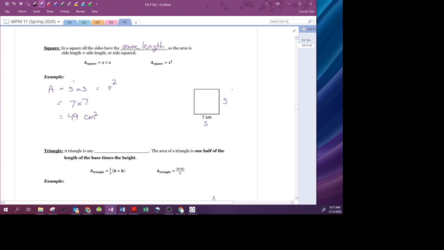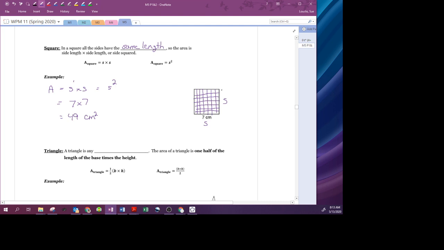All right. So just to think about what this actually is, if this is 7 centimeters across here, it means that there's like 1, 2, 3, 4, 5, 6. We're going to pretend those are all the same size. And then there's 7 going this way. Again, we're going to pretend those are the same size and they're straight.